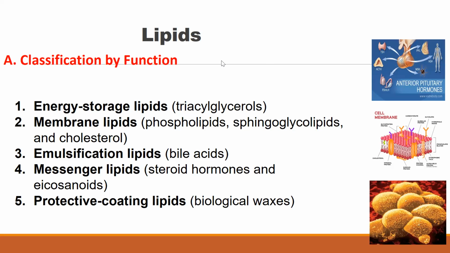We have membrane lipids. Examples are the phospholipids, the sphingoglycolipids, and cholesterol. And then part of our body we have the emulsification lipids called bile acids. We also have the messenger lipids like the steroid hormones and eicosanoids.